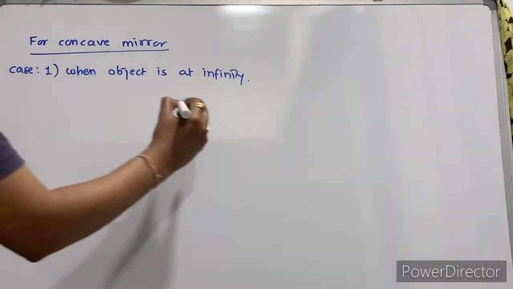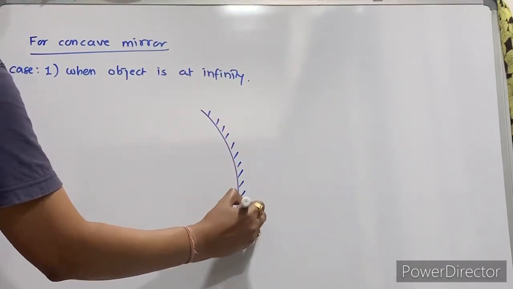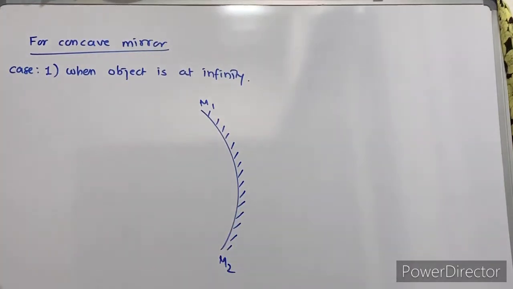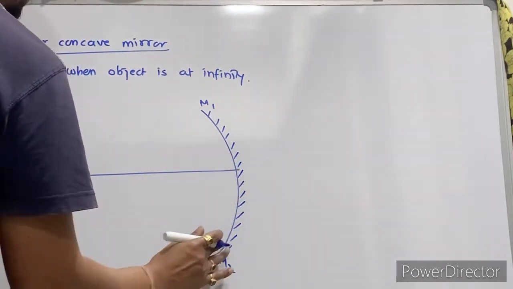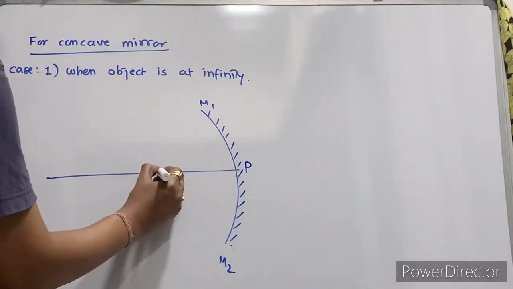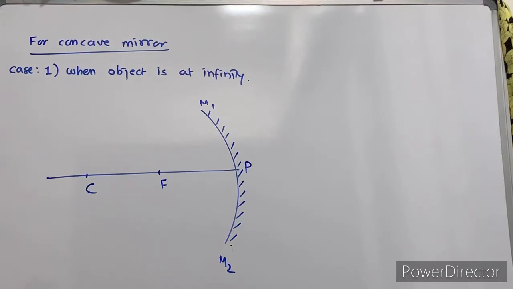Same, this is my concave mirror. This is the thin concave mirror. Say M1, M2 is my thin concave mirror. This is the principal axis. This will be the pole, right? This is the pole P. This is focus. This is center of curvature, right?